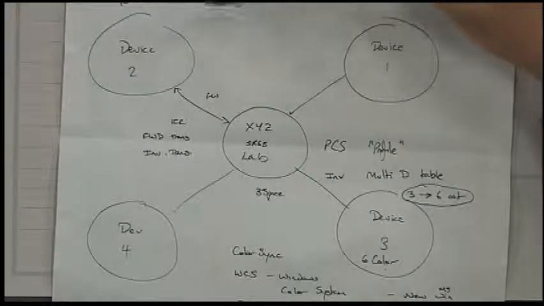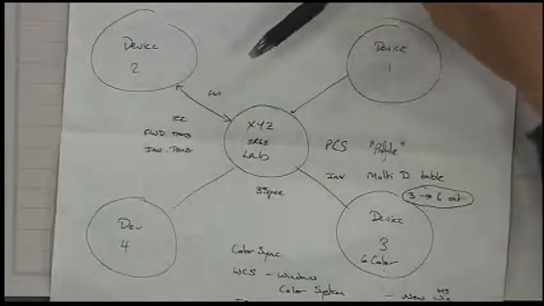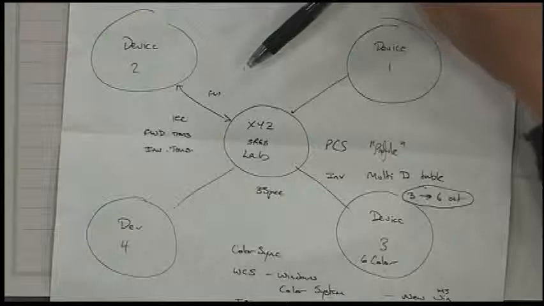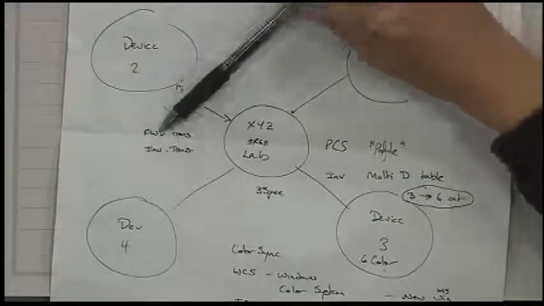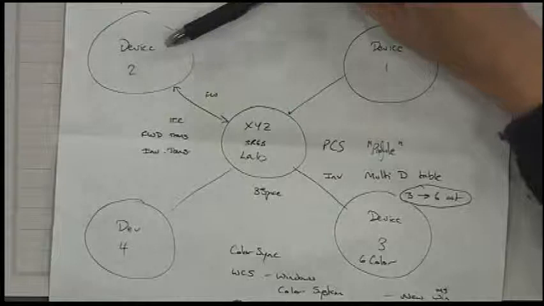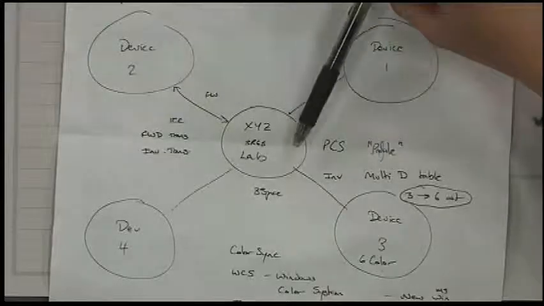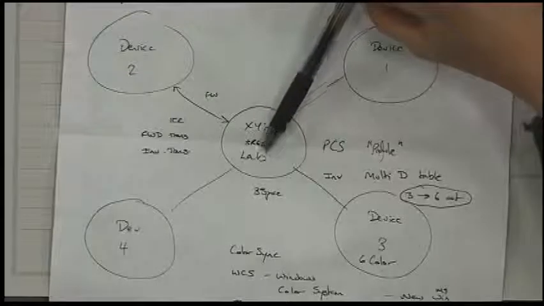So what happens in ICC is basically that device 2 will provide a profile, and at the minimum it would consist of what Mark told me would be a forward transform and the inverse transform between the color space of device 2 and the PCS, which would be either XYZ or CIE LAB.